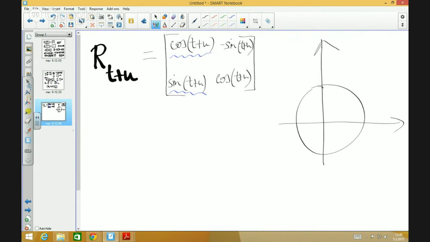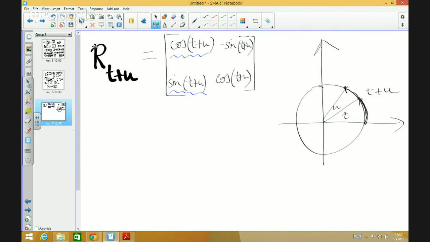You can abstract from the fact that I'm not Giotto, and so these are t degrees, and then I add u degrees here. So one thing that I could do is to start from here, and I first rotate by t degrees, and then I rotate the result by u degrees. Overall, I have rotated by t plus u degrees.